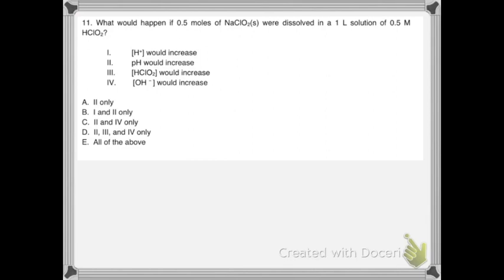Okay, number 11. We have sodium chloride and HClO2. Okay, so they're asking about what happens if we add the sodium chloride to this. And this is a weak acid. So we can write an expression for its dissociation.